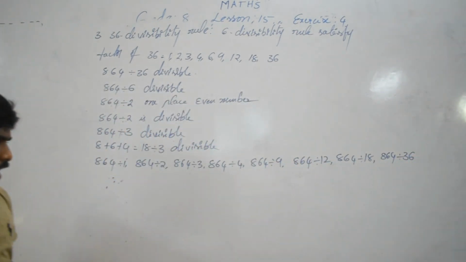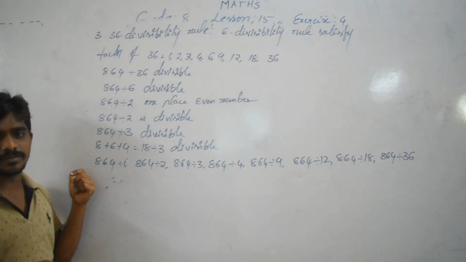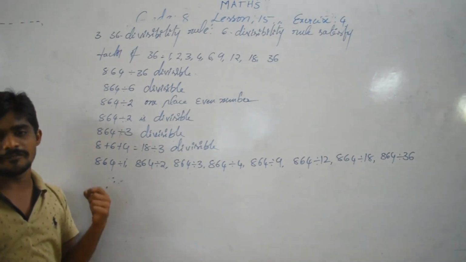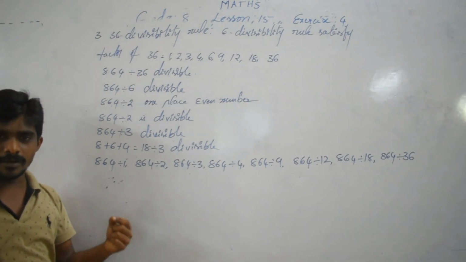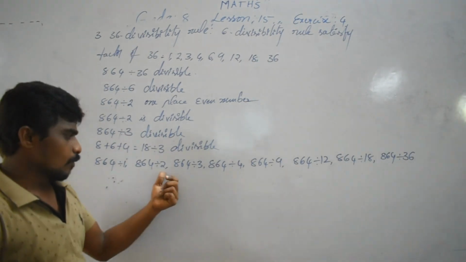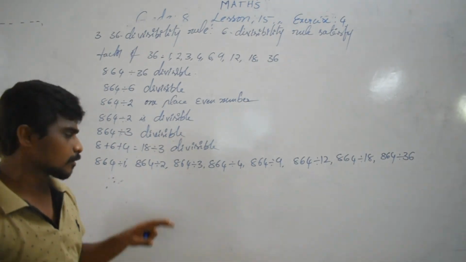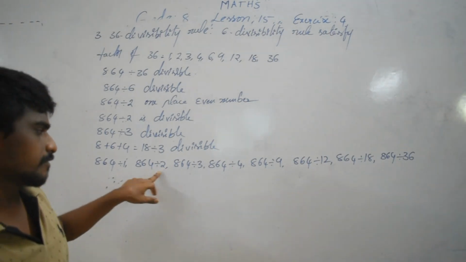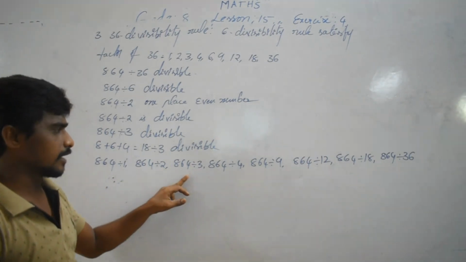So this number is divisible. Why? 1 is a universal factor. Every number is divisible by 1. What is the 2 divisibility rule? The ones place is an even number. So divisible by 2.